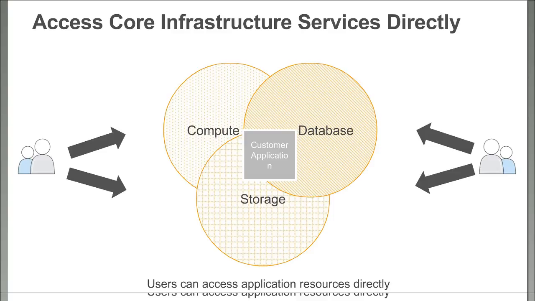So let's start with accessing your core infrastructure services directly. Typically, applications have been built with three core AWS services: compute, database, and storage. Each of these services can be accessed directly by users, either internal or external, and the application resources are typically made available in any of our AWS regions.